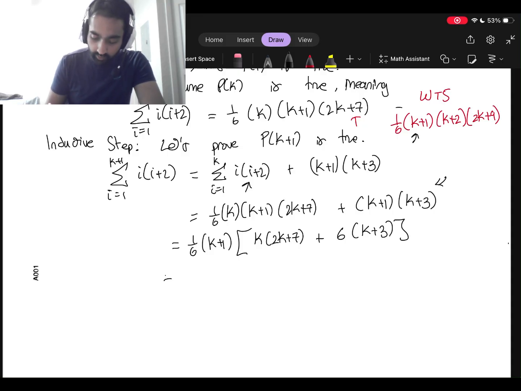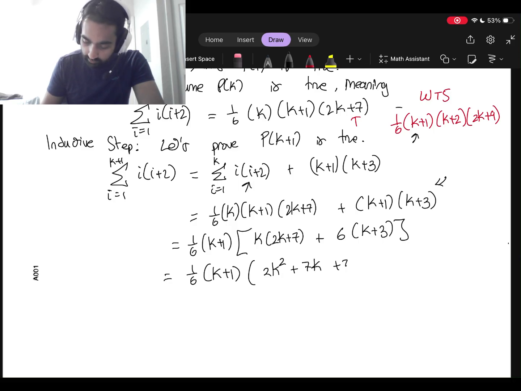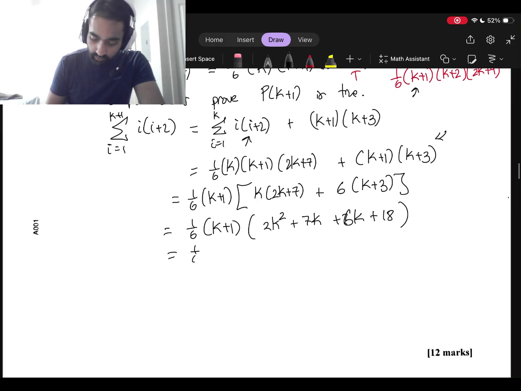Now I'll multiply out this bracket. k times 2k is 2k squared, and k times 7 is 7k, plus 6k, and then 6 times 3 is 18. And then 1/6, I'm going to collect terms now: k plus 1, 2k squared plus 13k plus 18.